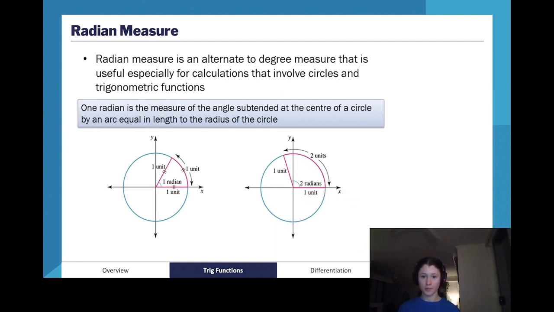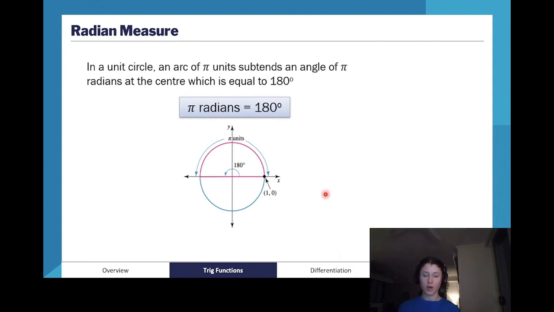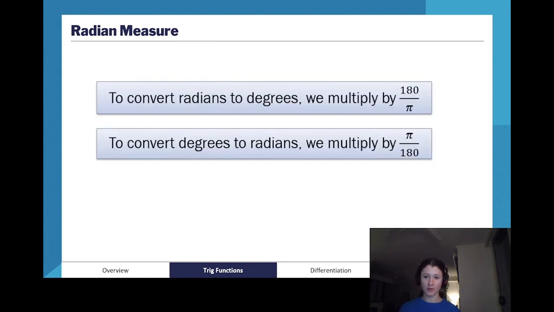So on a circle, pi radians is actually 180 degrees. So a full circle is going to be 2 pi radians. So let's go through the conversion for these radians.